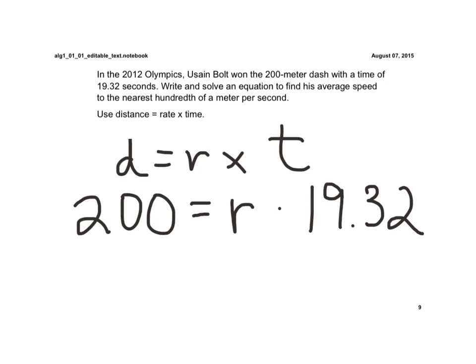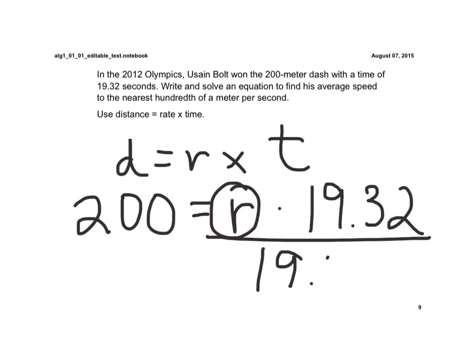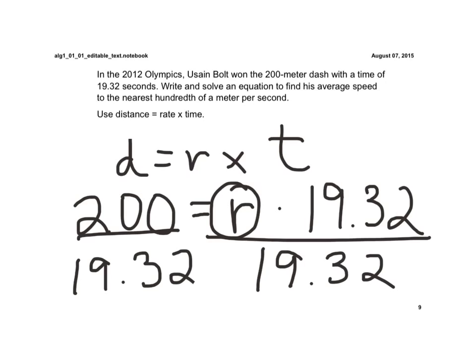19.32 seconds. So if you look at this, it's a one-step equation where we're having to solve this by using the division property. Since the variable r is being multiplied by 19.32, we're going to divide both sides by 19.32. And if we do this, we're going to get our answer.